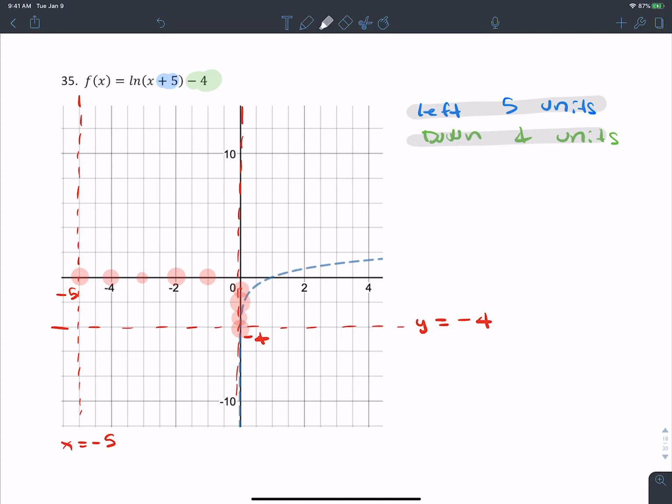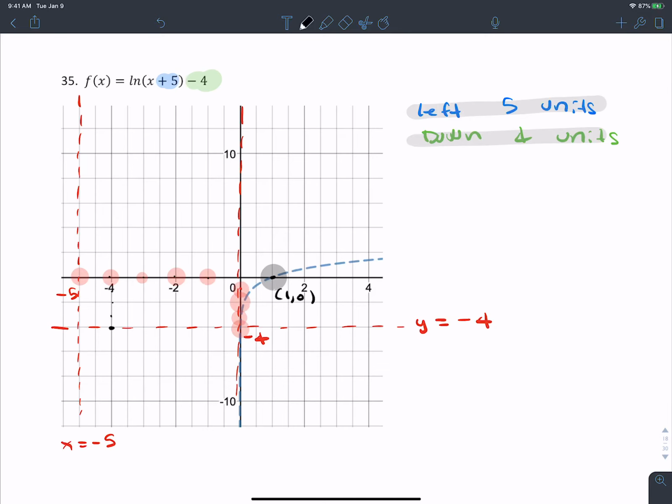And I'm going to recommend you also pay attention to that particular reference point, that address, because I'm going to move that too. So that point is actually 1, 0. So if I move it to the left 5 units now, this particular point, I'm going 1, 2, 3, 4, 5 units, and I have to go down 4 units now. 1, 2, 3, and 4.